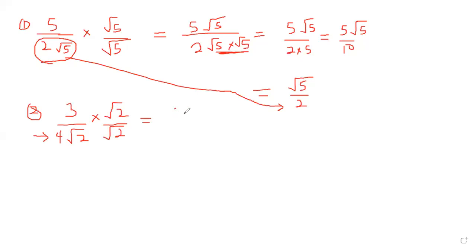So here we have 3 root 2 over 4 times root 2 times root 2, which will be 2. So this will give me 3 root 2 all over 8. Now 3 root 2 over 8 is your final answer. So you notice that here there is no surd in the denominator, which is the objective of rationalization.